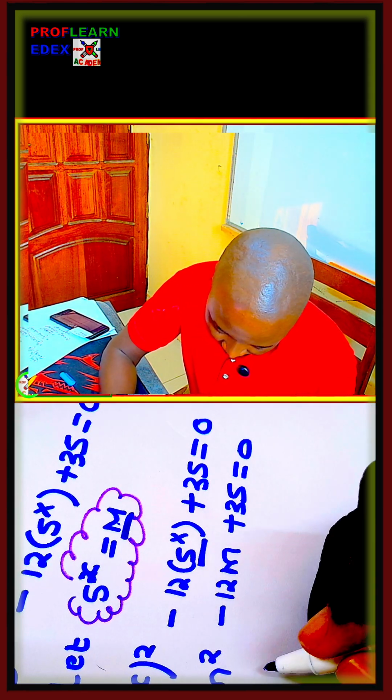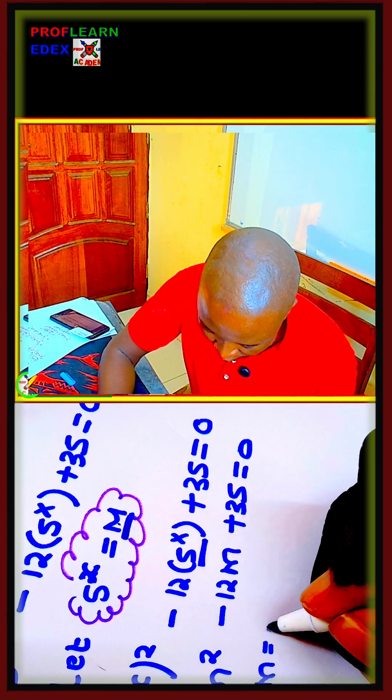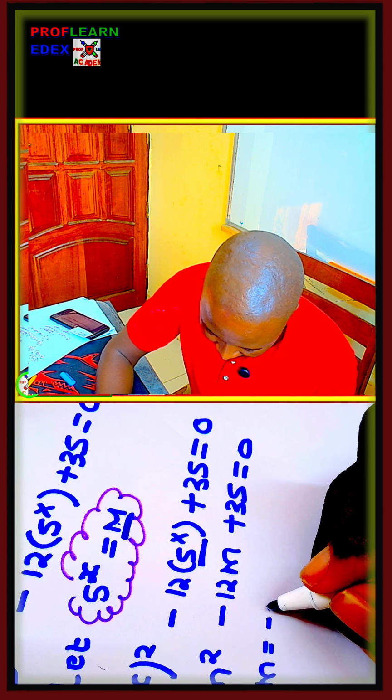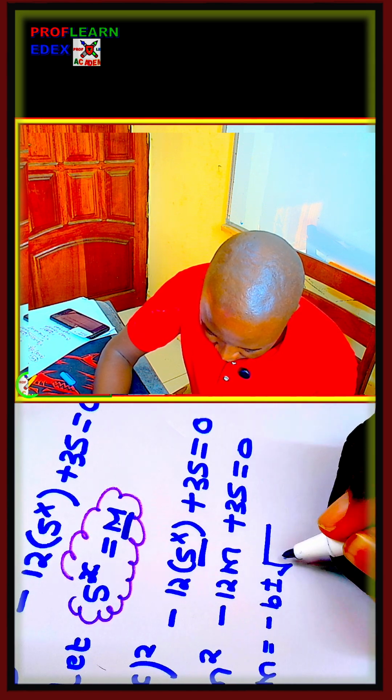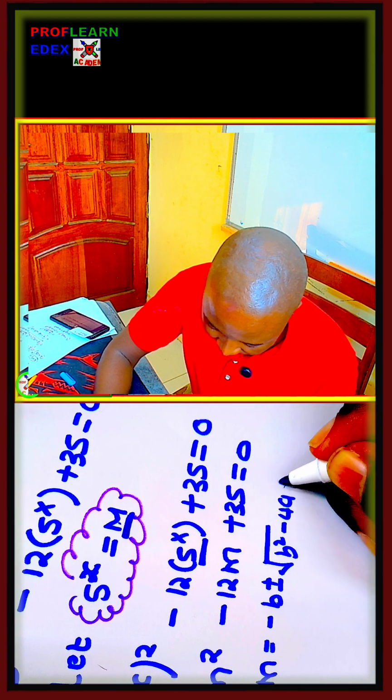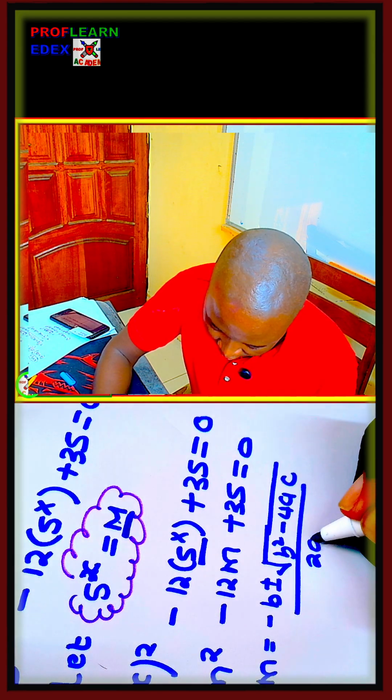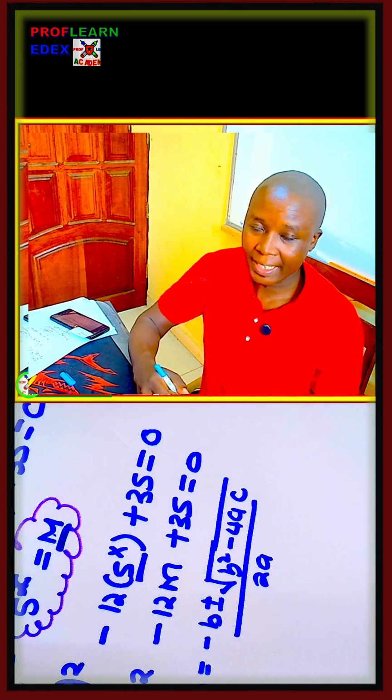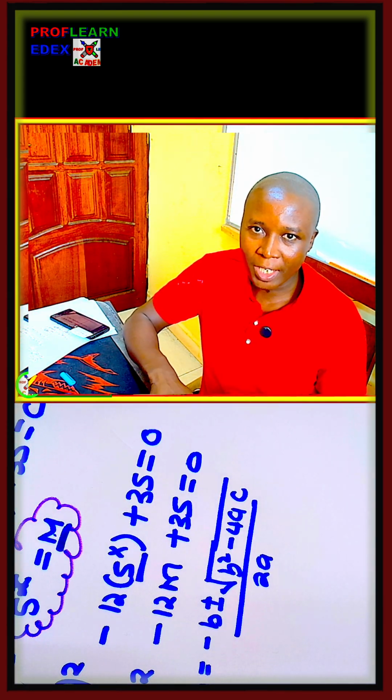Now solving the quadratic equation, m equals minus b plus or minus square root of b squared minus 4ac, divided by 2a. That is the quadratic formula you are going to use.